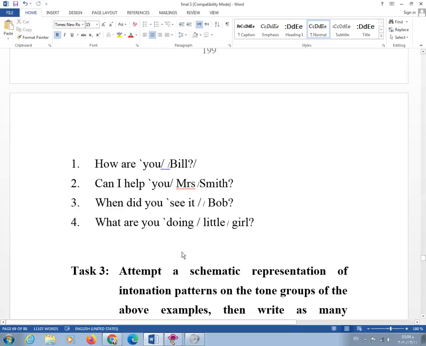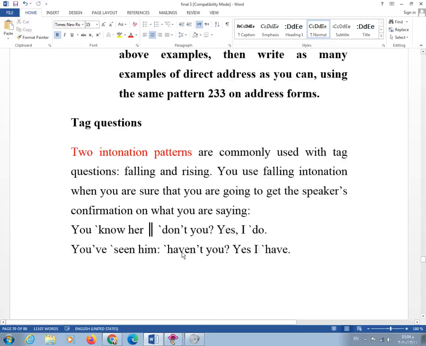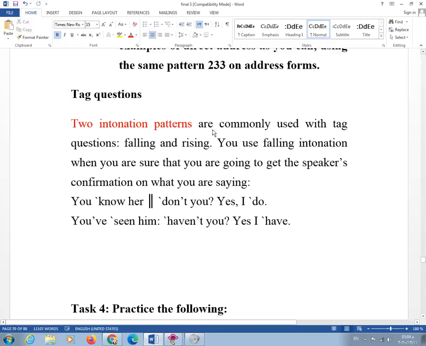Tag questions. We have 2 intonation patterns. We have rising and falling and rising. When do we use falling and when do we use rising? Okay, we use falling intonation with tag questions when we are sure that we are going to get the speaker's confirmation on what we are saying.